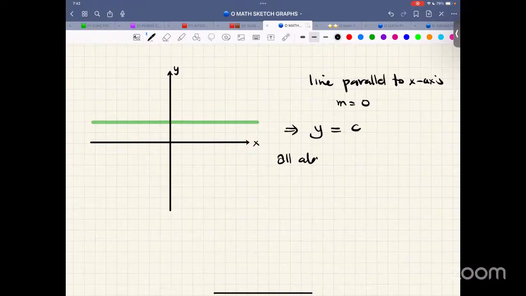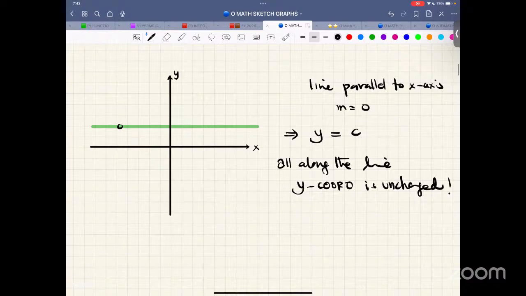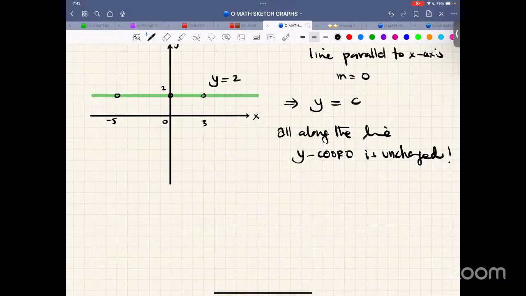All along the line, the y coordinate is unchanged. So let's say this is 2. For a second, let's say this is -5 and 2, this is 0 and 2, this is 3 and 2, and so on. So the equation of the line is y equals 2.